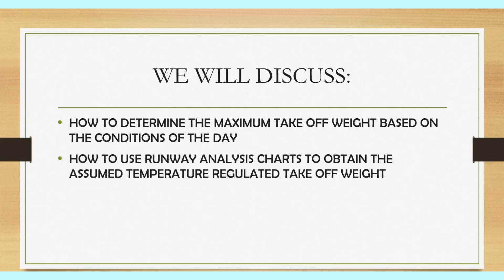There's something called runway analysis charts. Those are performance tables that are produced by the manufacturer, and they also cater for different airlines, depending on if the airlines are using such tables or electronic means.